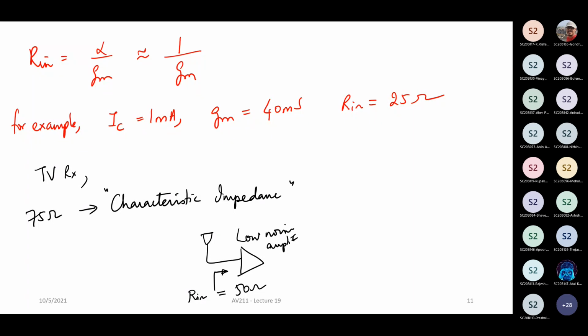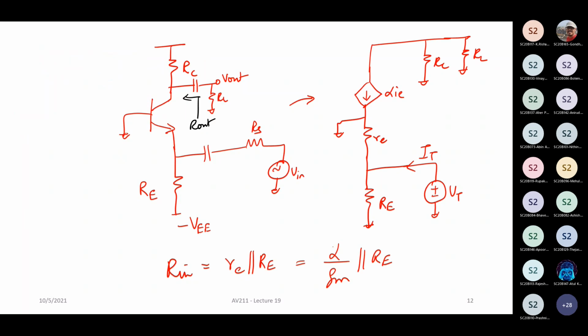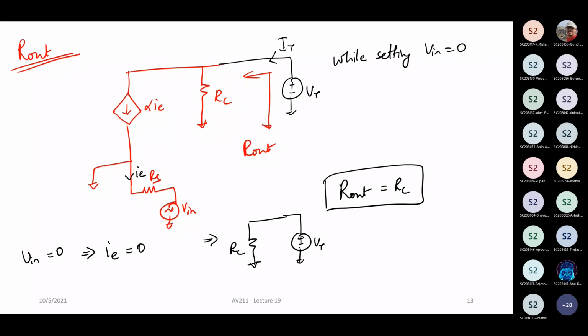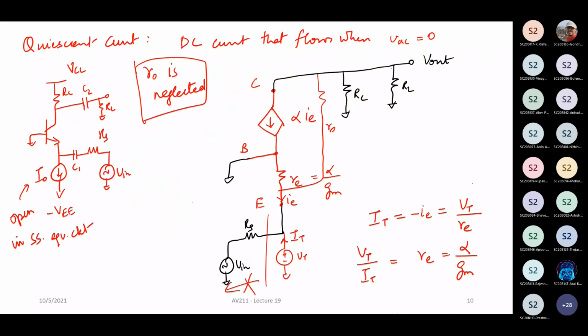Sir, in the previous page, one more previous. Yes, in this one, we have Vn grounded because in AC analysis. And sir, why did we remove that RS? Yeah.